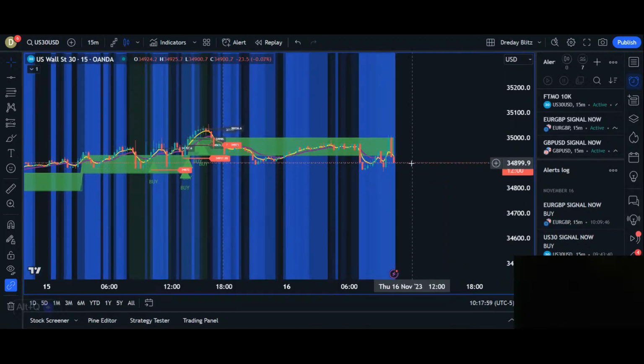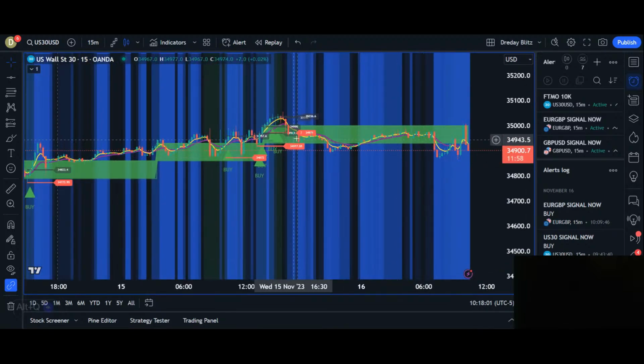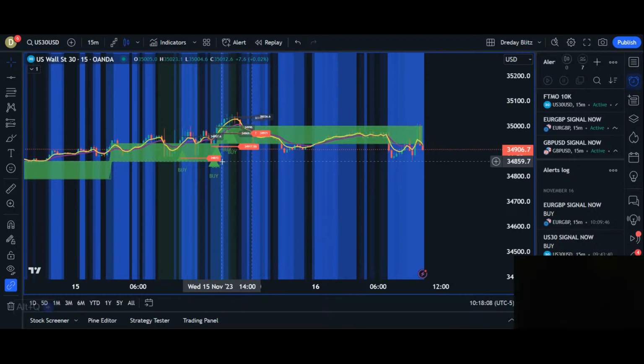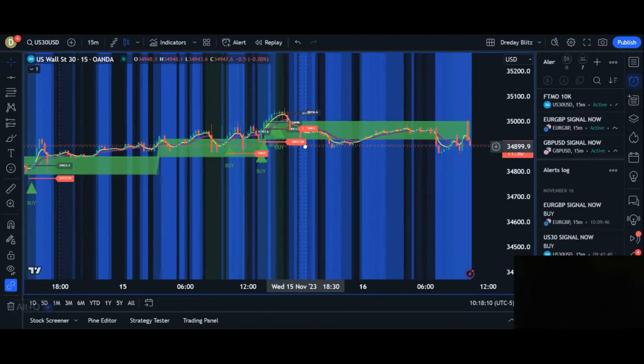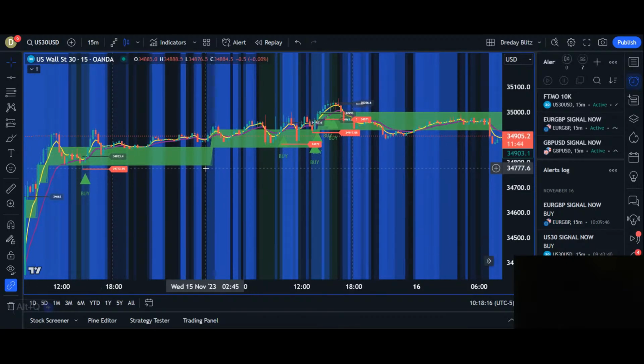But if it reverses on me, maybe those trades will be losses, because if you put your stop loss right here, and for this trade, if you put your stop loss right here, you may have touched it. Same here, same here.